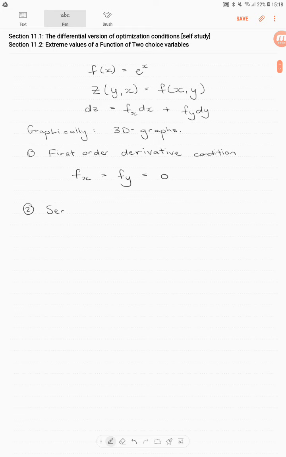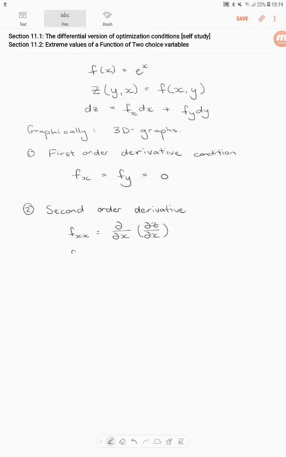Our second order derivative conditions, we now have multiple conditions. So let's first do what our second order derivatives will look like. First we will have the partial derivative with regards to x of the function.